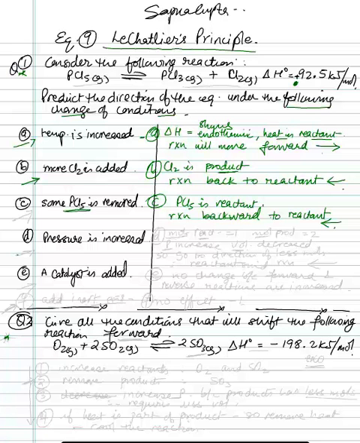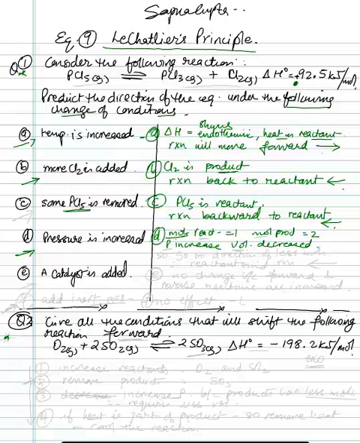Now let's talk about pressure is increased. Pressure increase has to do with moles. Moles of reactant is equal to 1, moles of product is equal to 2. When pressure is increased, then volume is decreased. That's the gas law.